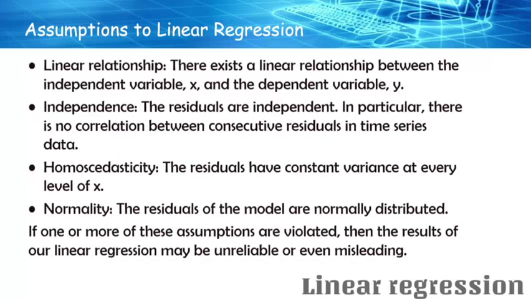If one of them is violated, definitely we won't get much accuracy in the end result. That's why this is the criteria for choosing linear regression. If any one of these is not satisfied, then we can go ahead with any other model. We'll be learning about more models in the next videos.